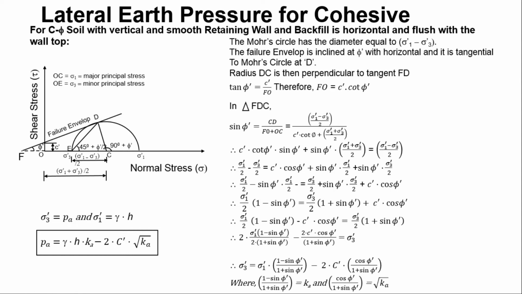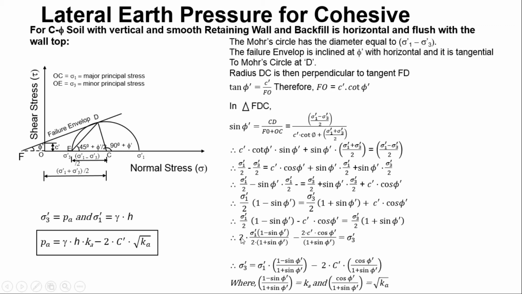After bringing this to the left side, we get sigma 1 dash by 2 into 1 minus sin phi, minus c dash into cos phi dash, is equal to sigma 3 dash into 1 plus sin phi dash upon 2. So now we will take this 1 plus sin phi upon 2 to this side.